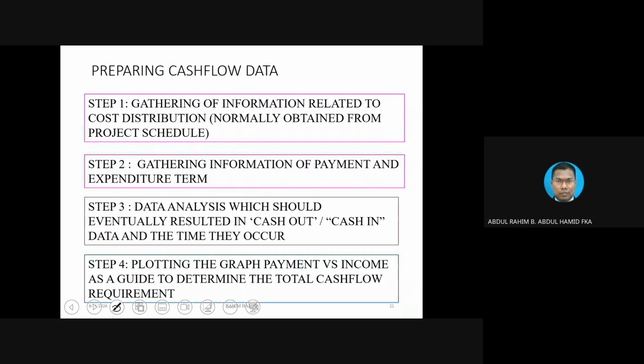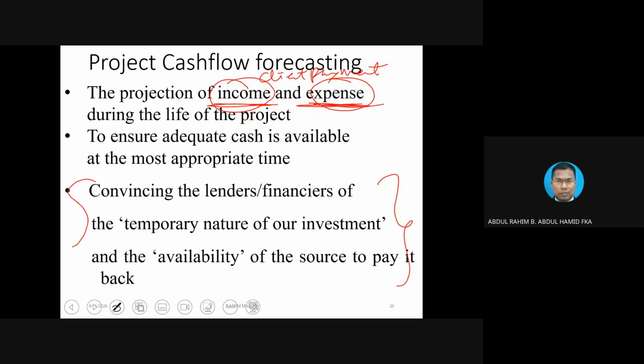Needing money means the contractor has to get the money from somewhere, whether their own cash in the bank or their lenders. Lenders means banks, or could be somebody that has money. But when you borrow money from somebody, they are not going to give you free money, but money with some kind of interest. That's why you need to do the calculation. You need to do the projection in order to borrow at only a specific time and a specific amount.